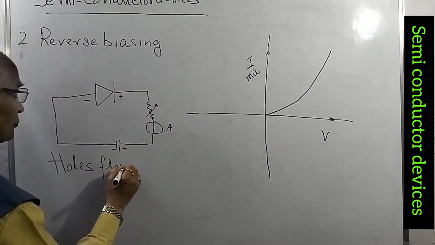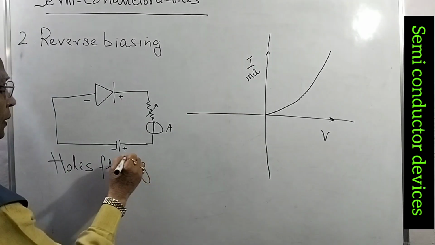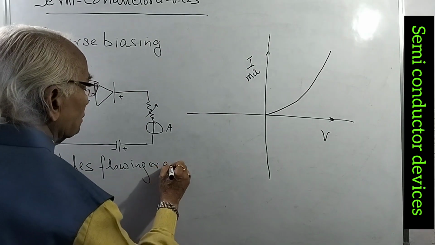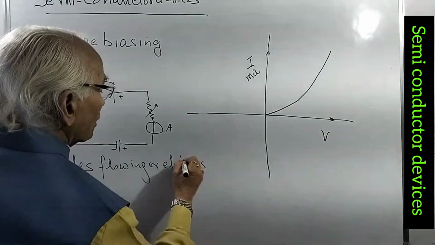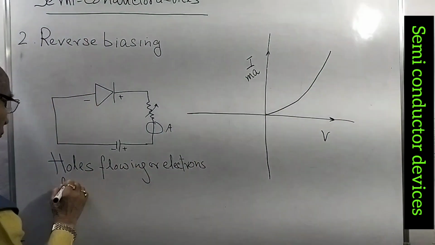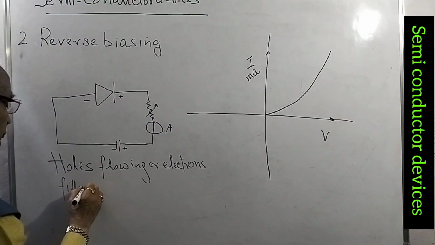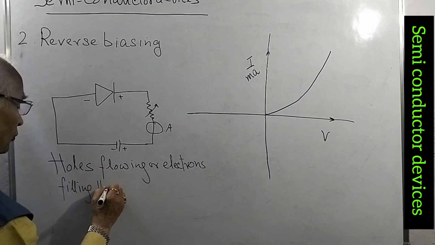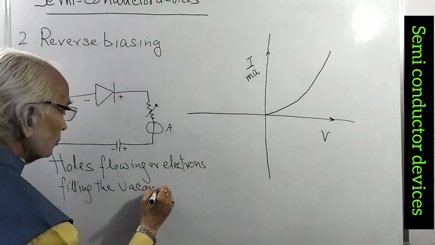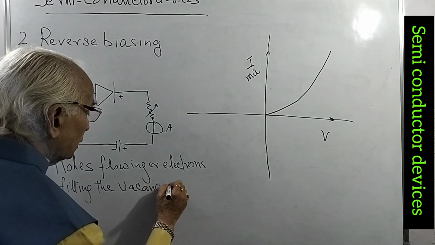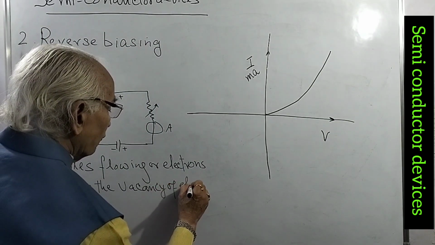So now the current is due to holes flowing, or electrons filling the vacancy of electrons, which are holes.